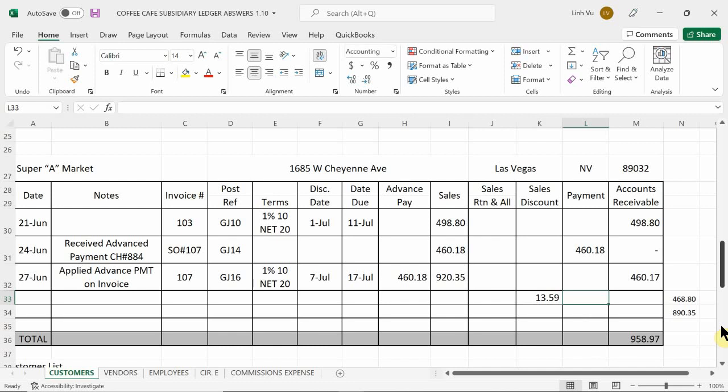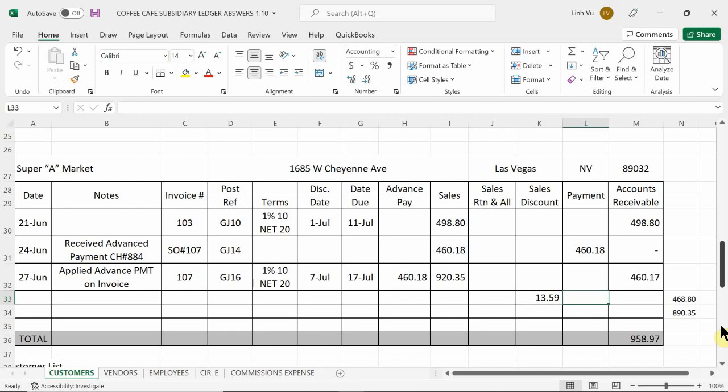Is it the advance payment for 6018 and for 6017? Well, in this case, even though they gave us an advance payment, that doesn't mean there's going to be a discount on the amount we actually sold to the person.